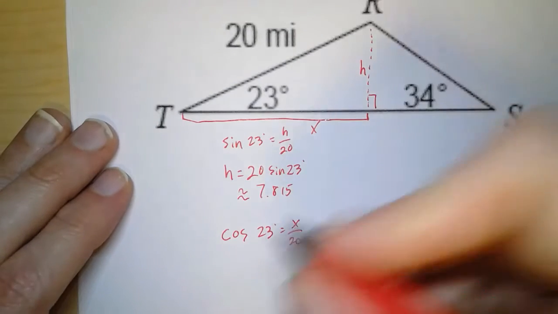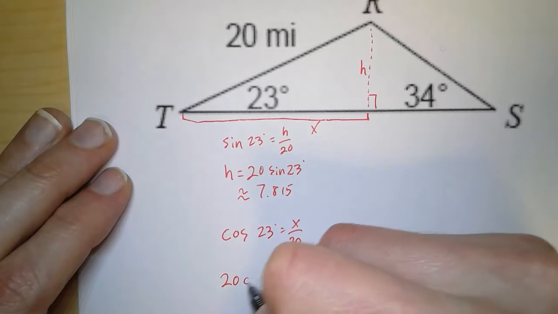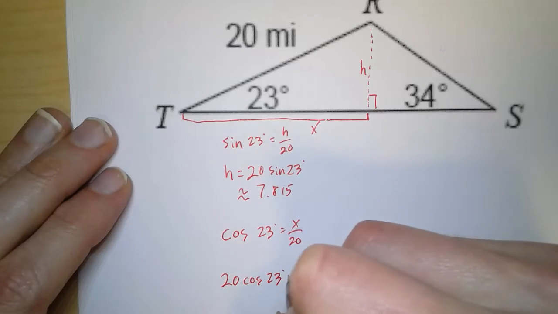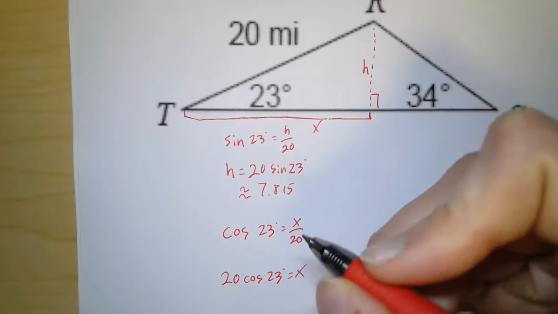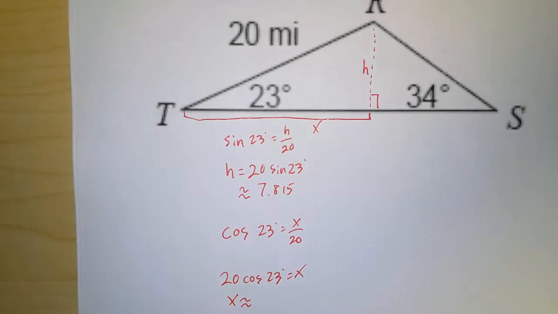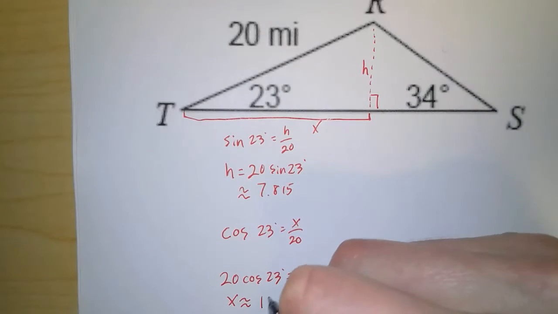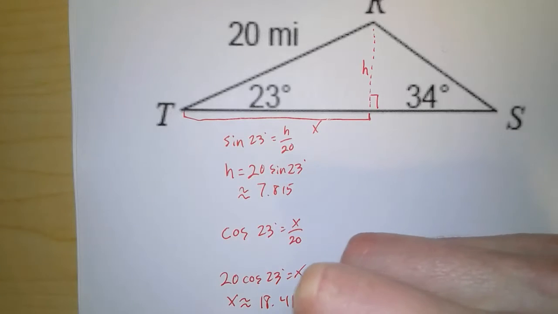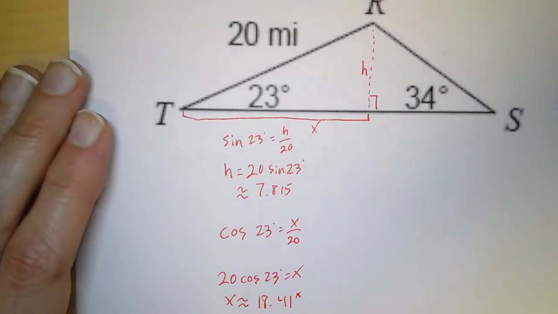When we multiply the 20 over, we get 20 cosine of 23 degrees equals x. And that will get us an approximate. So 20 cosine of 23 is approximately 18.41. Now that's not degrees, that's just length.